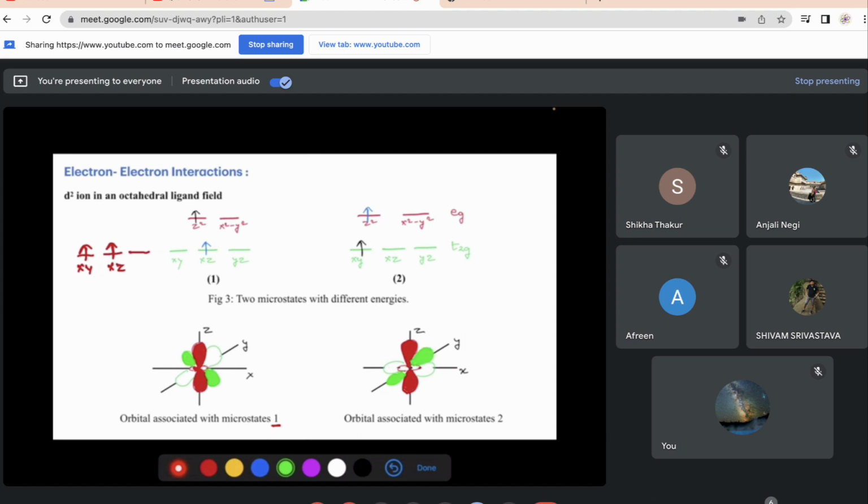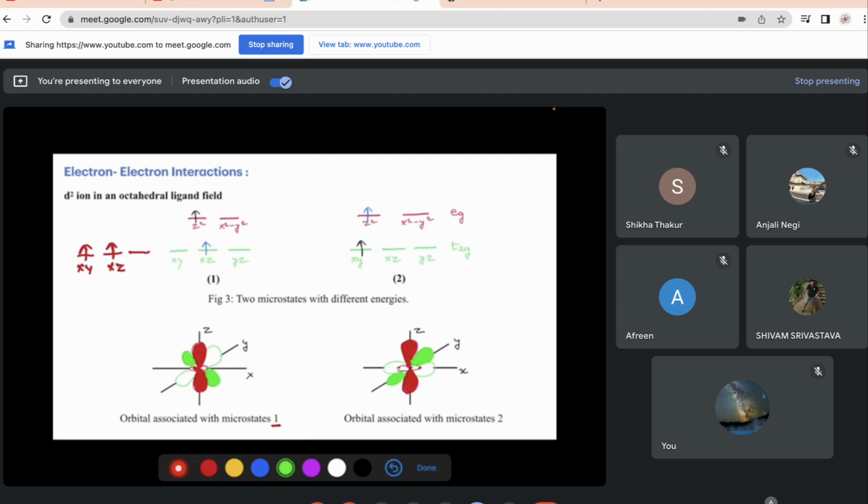You can see that these two microstates 1 and 2 have very different electron density, and therefore these two microstates have different energy, because the electrons in dz square and either xz or xy interact very differently.